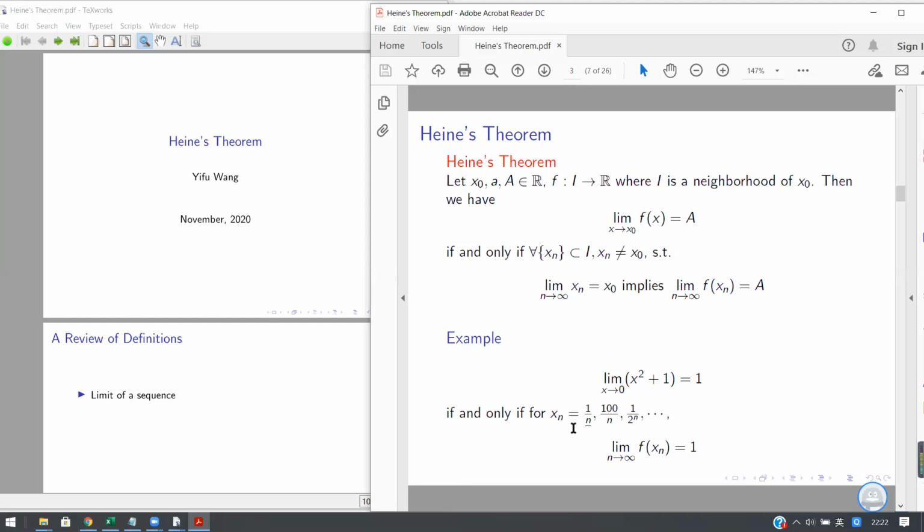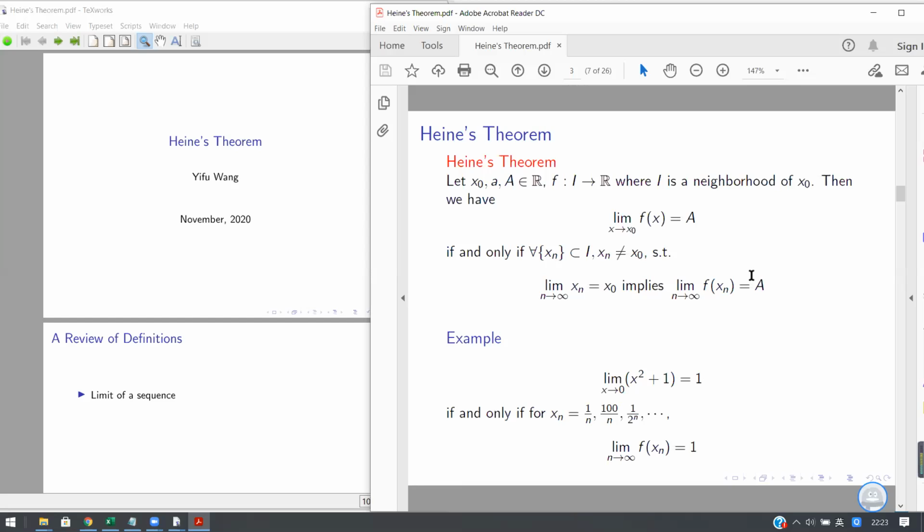For all these sequences, we insert x_n into the x position, and we have the same limit. That is an example, to help you understand this theorem.